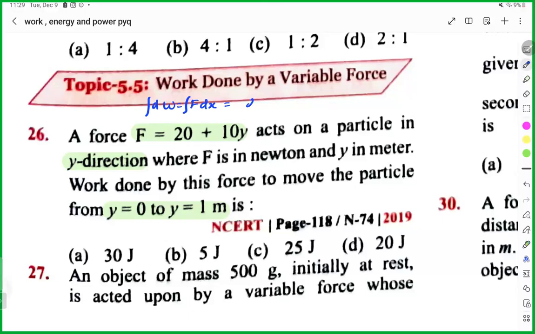Yes, Pratigya. 25. Everybody got the answer?